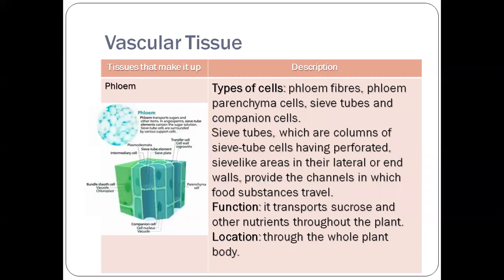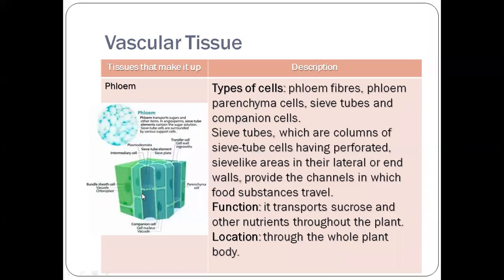Then we have the phloem. Again, phloem is a type of vascular tissue, and we have here phloem fibers, phloem parenchyma cells, sieve tubes, and companion cells. The sieve tubes are columns of sieve tube cells having perforate sieve-like areas in their lateral or end walls, provide channel in which food substance travel.